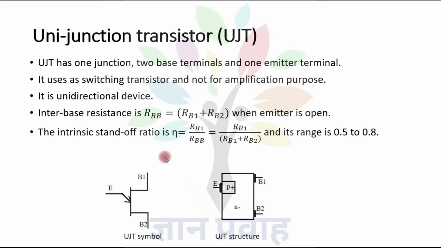And there is another important term, that is intrinsic standoff ratio, and it is represented by eta, and eta is always equal to RB1 upon RBB, where this one is the interbase resistance. So eta equals RB1 upon RB1 plus RB2, and its range is from 0.5 to 0.8.